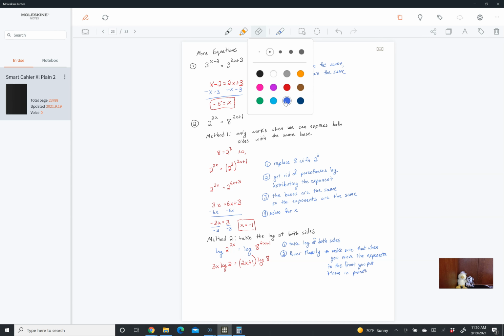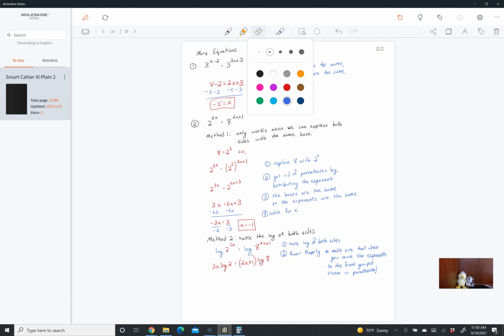If you forget to do this, it's not that you'll get the wrong answer, because most likely you won't. Okay, students don't get the wrong answer, but you are writing it incorrectly, so it is incorrect. Your work is based on incorrect stuff, because if you don't put parentheses and you continue to work, then the problem is that you're going to multiply log 8 by 2x plus 1 when your work says, without parentheses, log 8 should only be multiplied by 1.